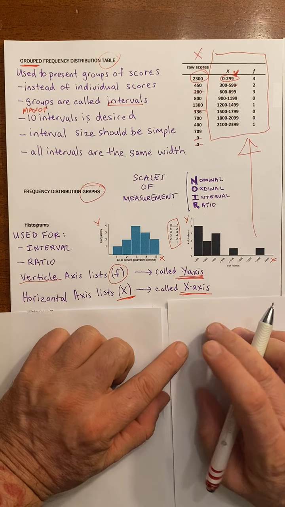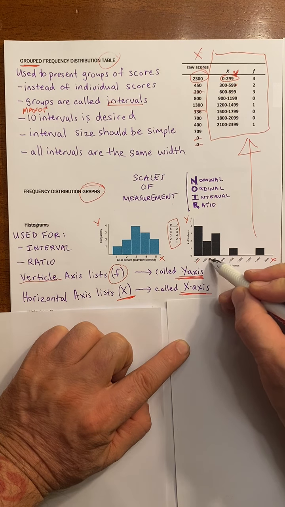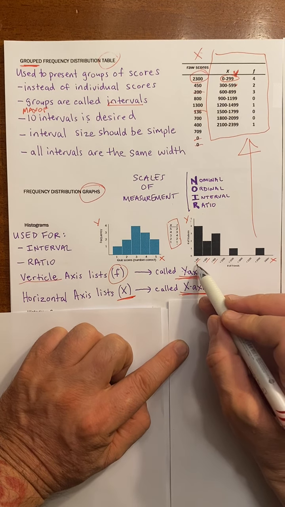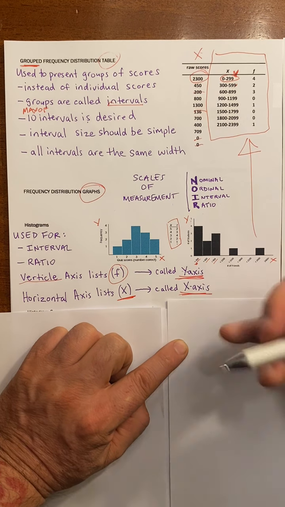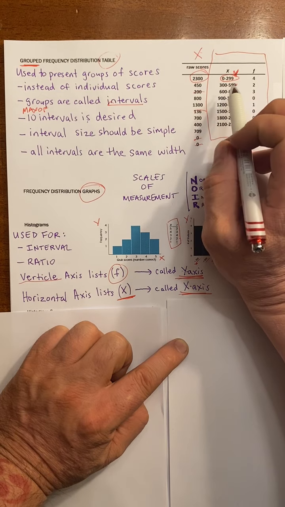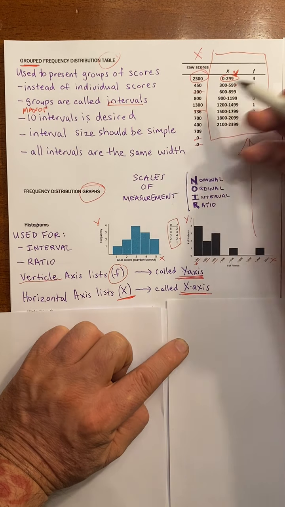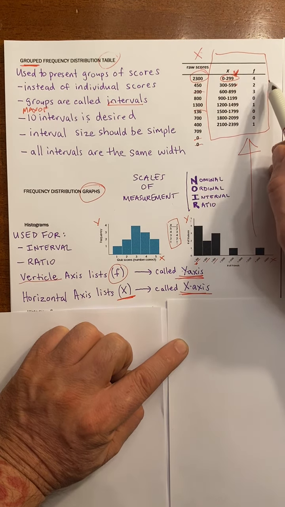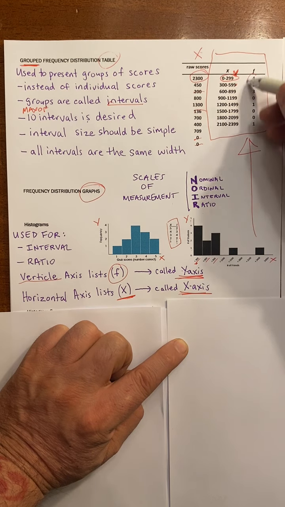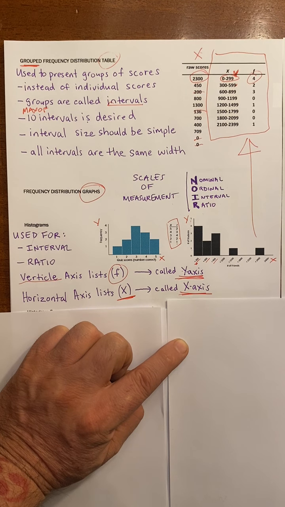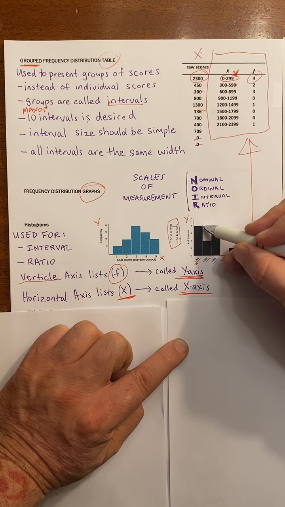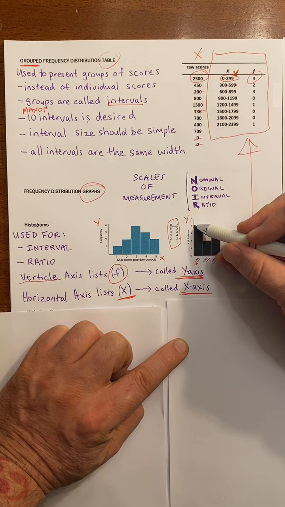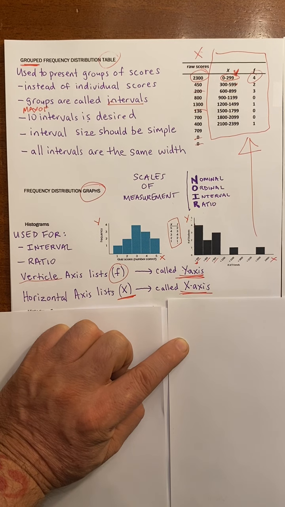For instance, this label on my x-axis is saying less than 300, which is another way of saying 0 to 299. My table says that there were 4 people that got less than 300, and so that's why my bar comes up to the 4 on the y-axis.